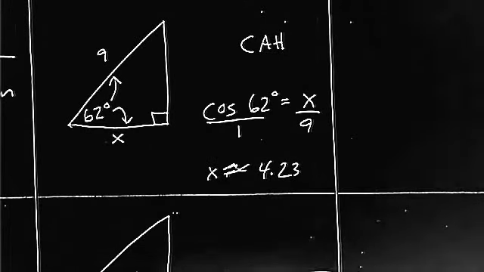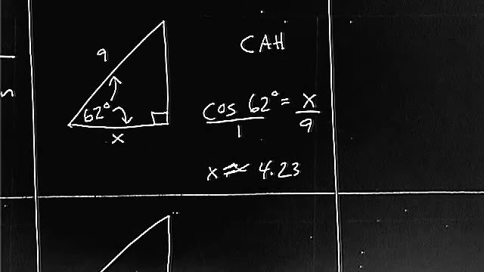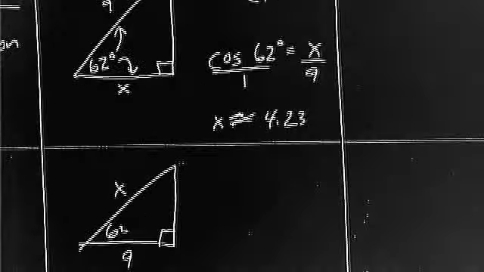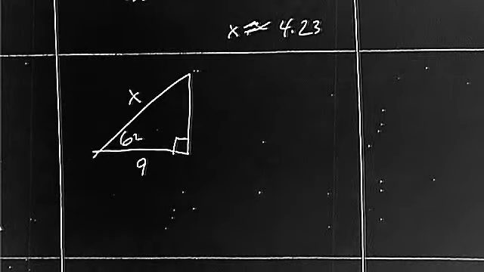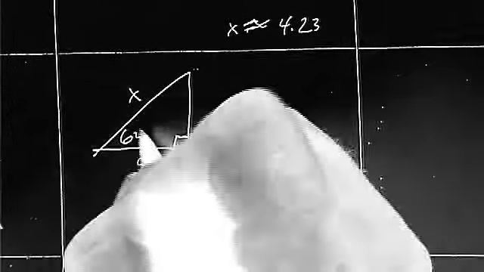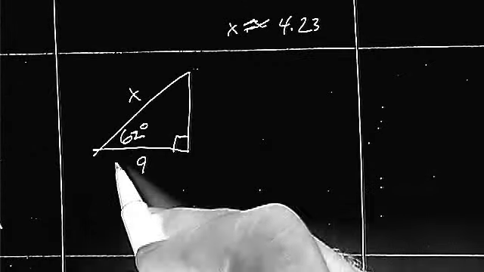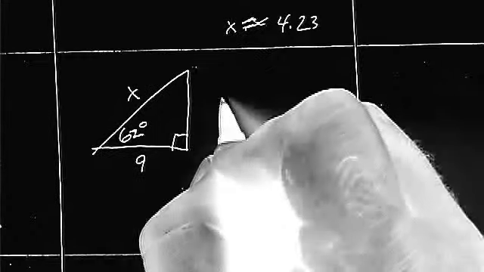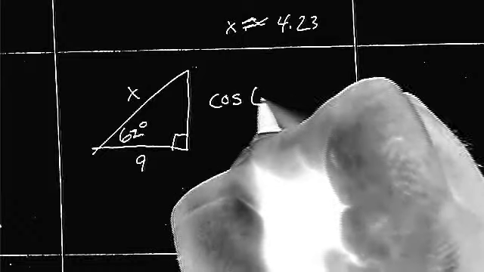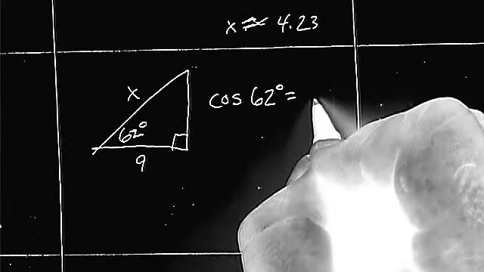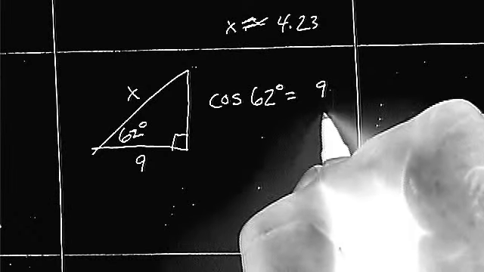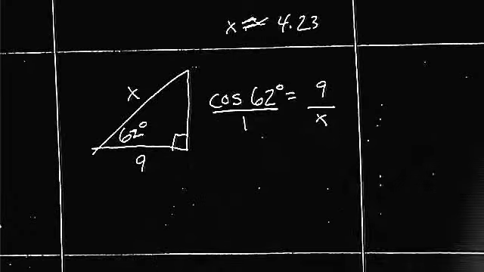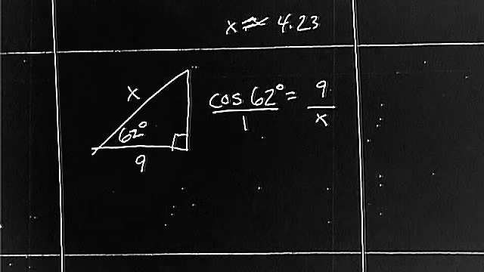Well, how is that different from a question like this? So 62 degrees, we have this and we have this. Well, it's not a whole lot different. You still have the adjacent side, but this time you're looking for the hypotenuse. So we're still using cosine. It's just that we have the adjacent and we're looking for the hypotenuse. Now, it's still a proportion.